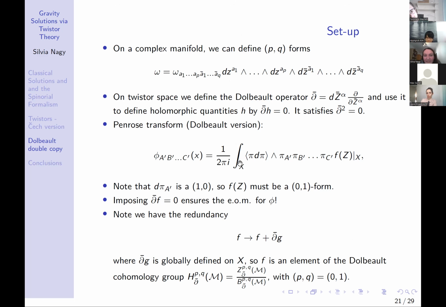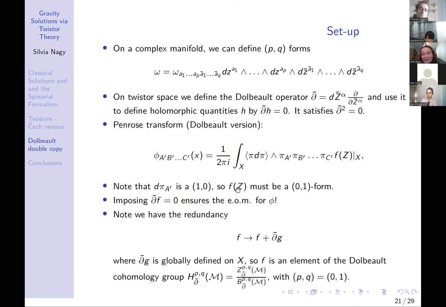Now I'm integrating over the whole Riemann sphere. So because I'm integrating over this whole manifold, this object here should be a top form on this two-dimensional complex manifold. So what I should have here is a (1,1) form, basically. And notice that the measure itself is a (1,0) form because of this d pi.